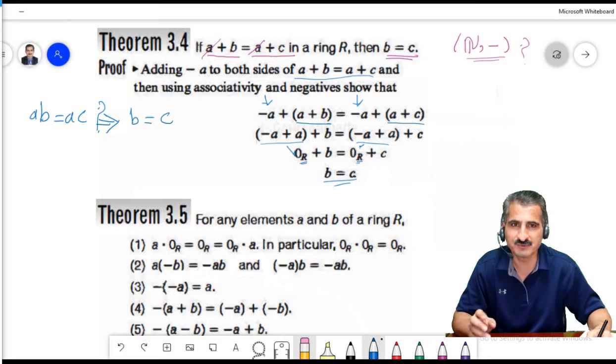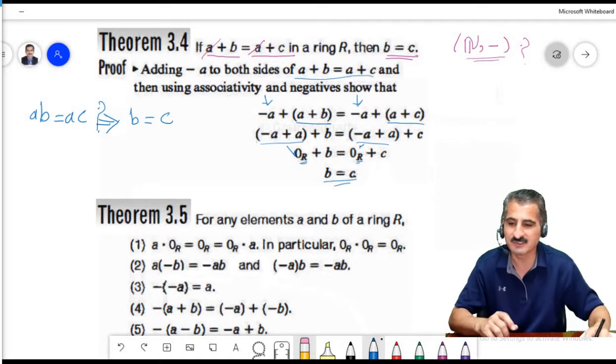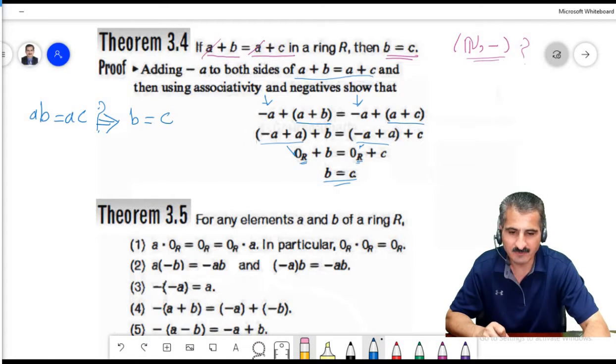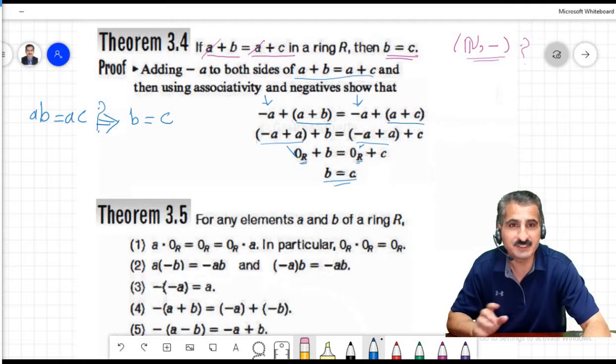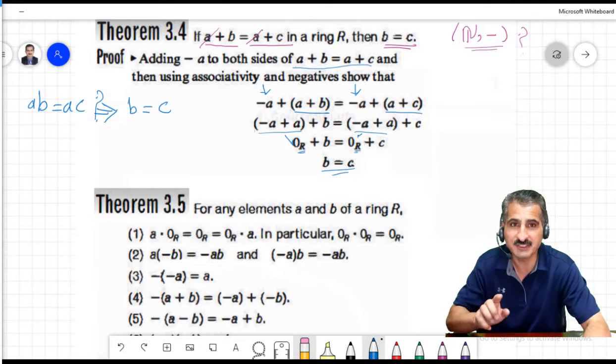Integers or rational numbers or real numbers, all of them were integral domains. So you did cancellation without any problem. But we cannot do so in general systems, not in any system. So we need to characterize in what systems we can do such a cancellation, and we will see it today. Okay. So not in any ring can we do cancellation with multiplication, but with addition in any ring we can do the cancellation.